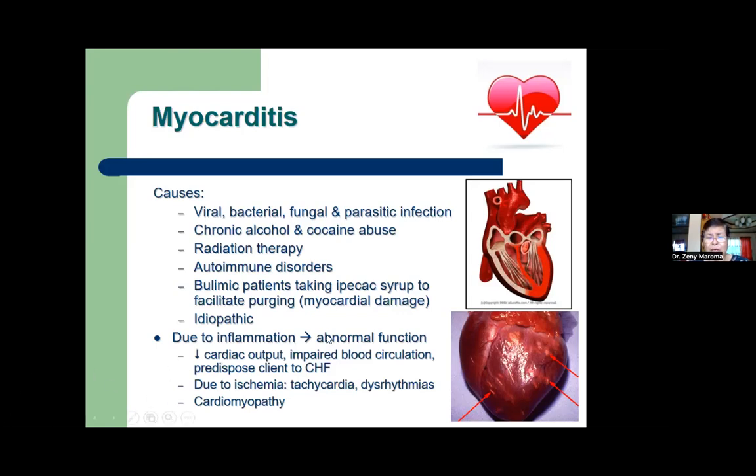Ayun. So, because of decreased function, myocardial contraction, magkakaroon tayo ng decreased cardiac output, altered tissue perfusion, impaired blood circulation, and this is another cause of congestive heart failure. And because of ischemia, there's tachycardia, there is dysrhythmias.